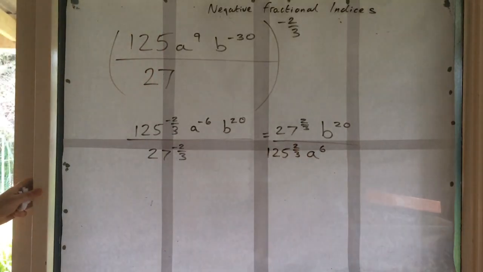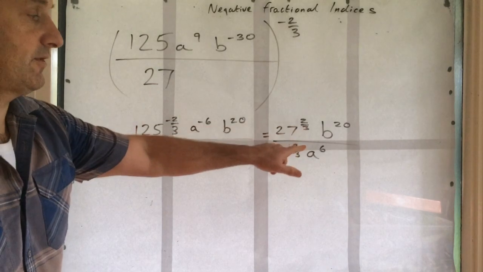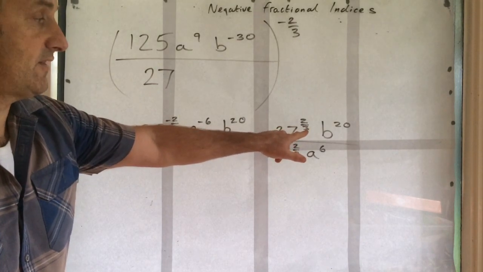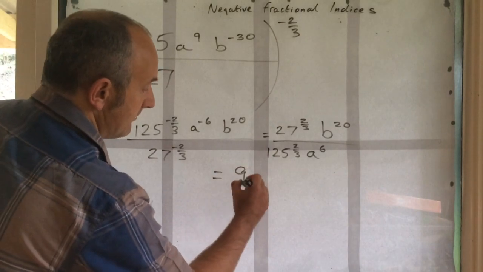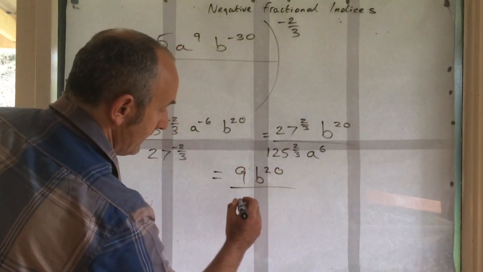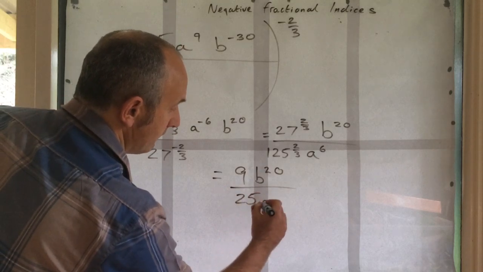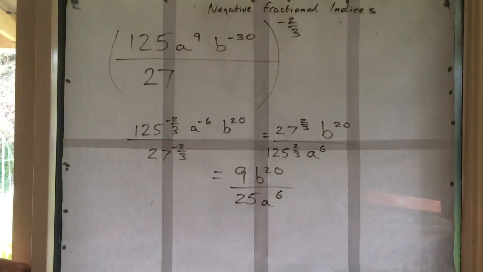Wonderful. Have we finished? Nearly. All we have to do is work out what is 27 to the 2/3. Cube root of 27 is 3. Square root is 9. So my final answer is going to be 9b to the 20 over 25a to the 6.